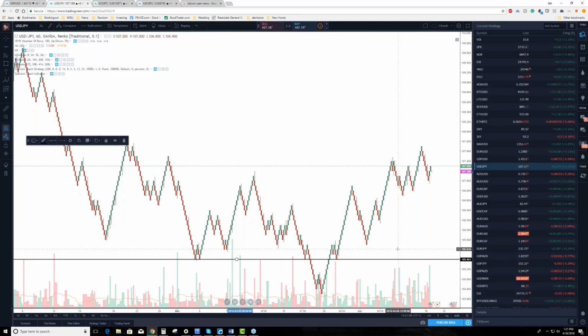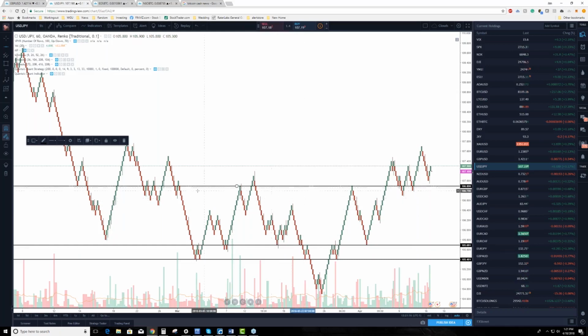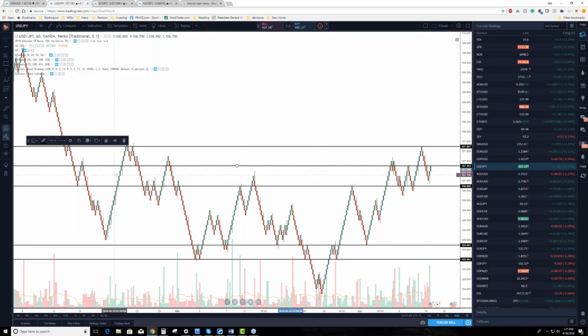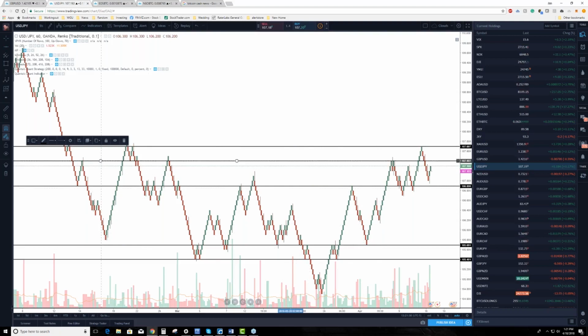So does around here. Probably looking at around here. You can find a lot of areas of support and resistance. It's easy to spot. You don't need to do a lot of work to find it.